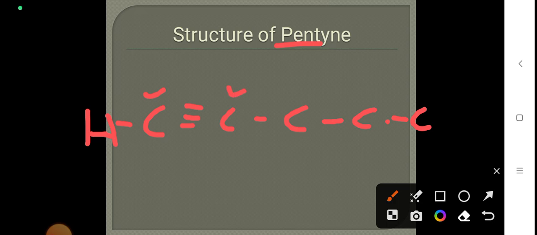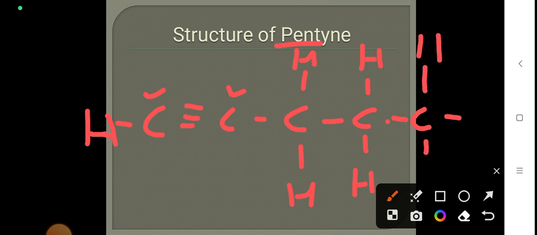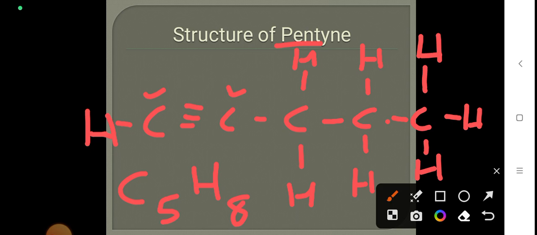Now coming to C3, there are 2 bonds, so the remaining would be to write the other 2 bonds with hydrogen. Similarly, C4 also needs 2 hydrogens. And on C5 you can see only one bond is there, so three more bonds you have to write with hydrogen. So this is the structure of pentyne, and the molecular formula would be C5H8.